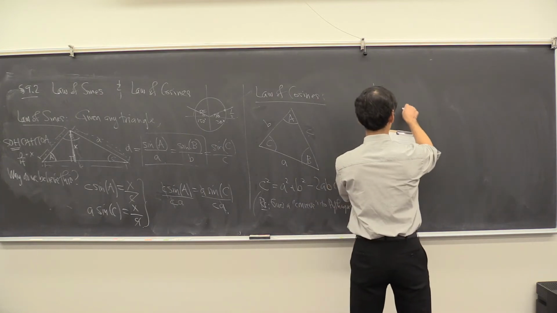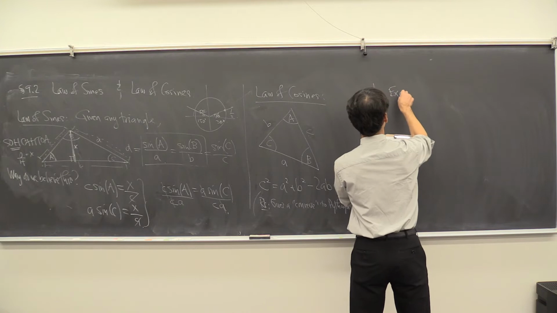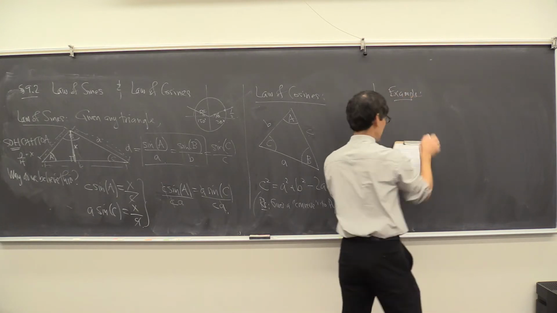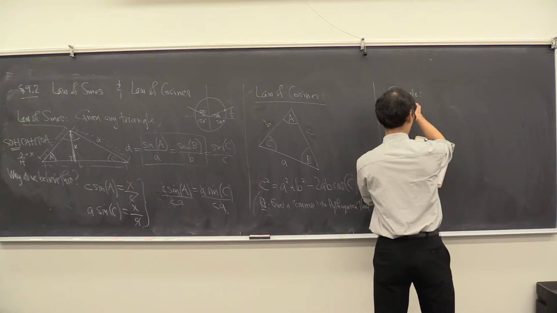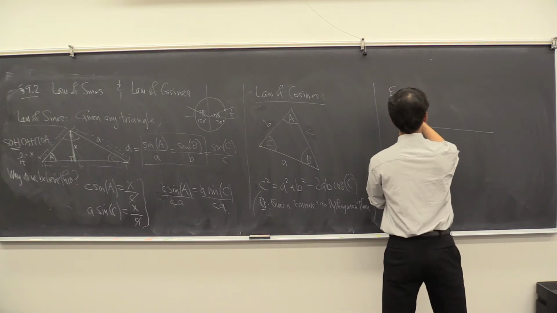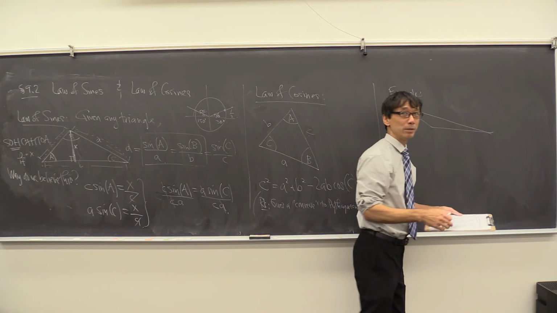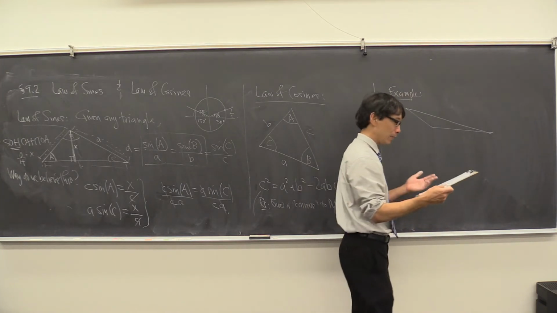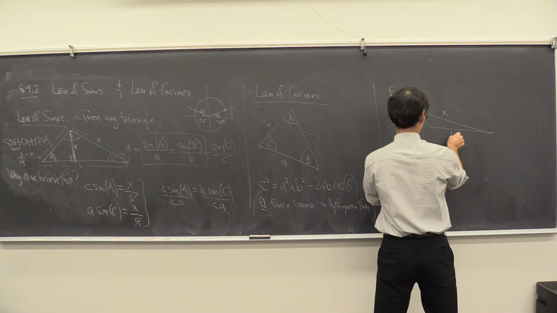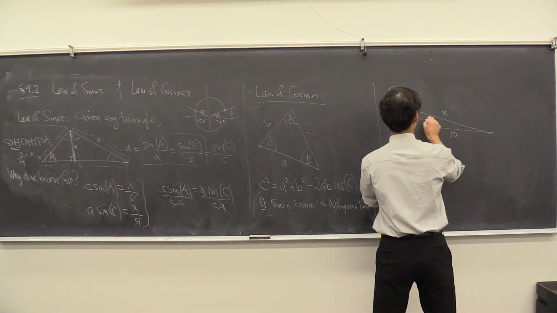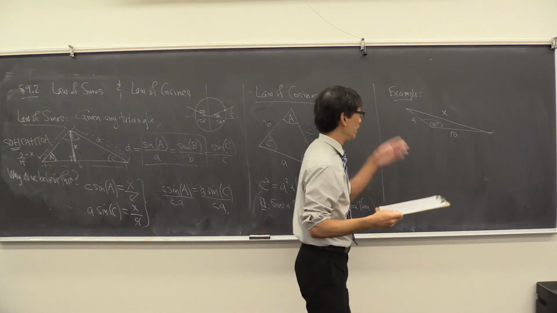Okay, so here's an example of the application, and the applications are all kind of not that interesting. They're all the same as before. You're given 3 parts of something, and find the 4th. So here we have sides 4 and 10, with an angle of 150 degrees, and they ask, what is x?